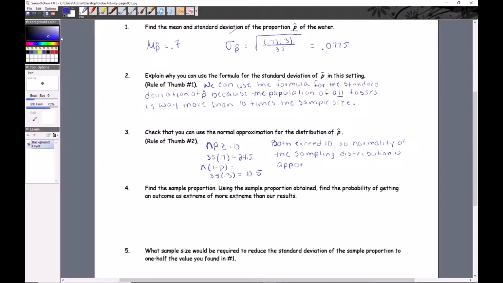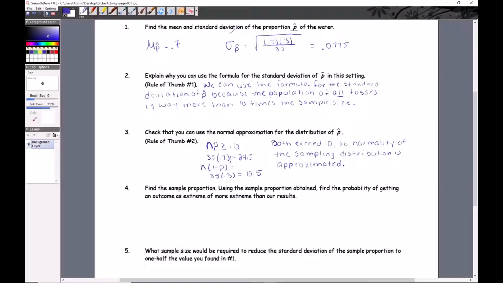All right, remember that your sampling distribution is approximately normal in every case, but as soon as you meet these requirements, it's so close to normal that you're ready to go and do your standard normal calculations.